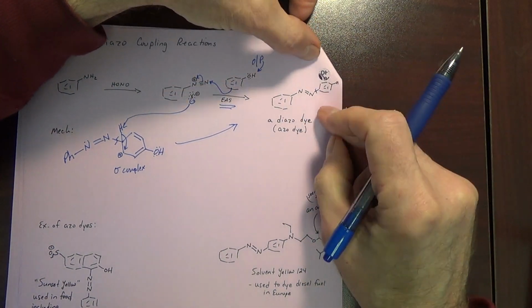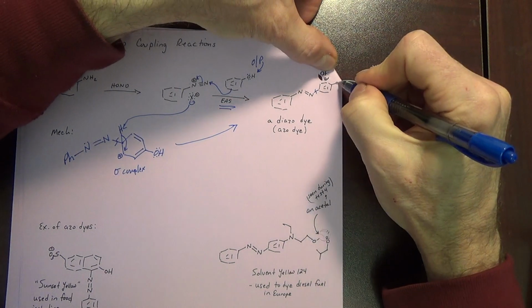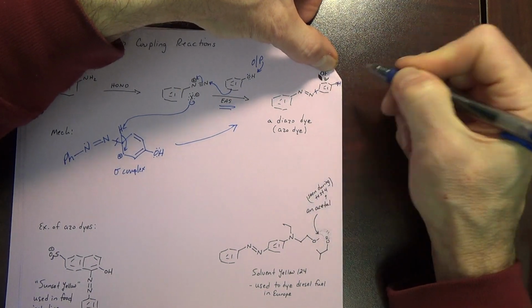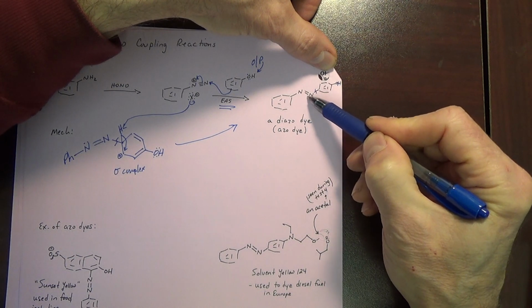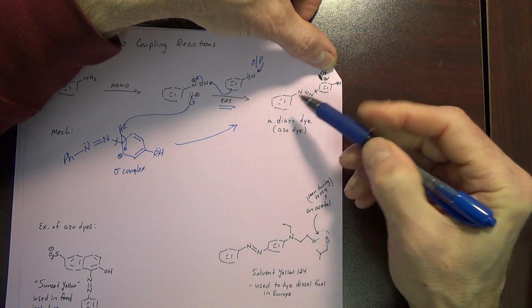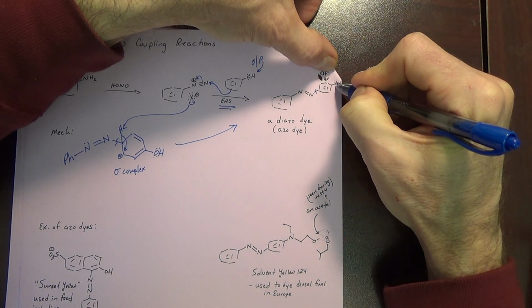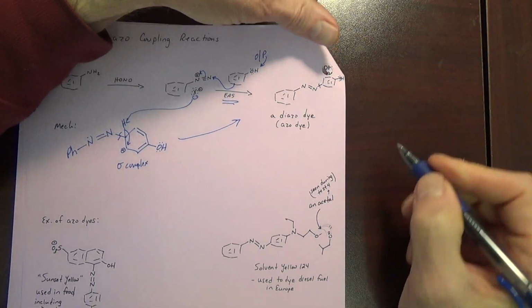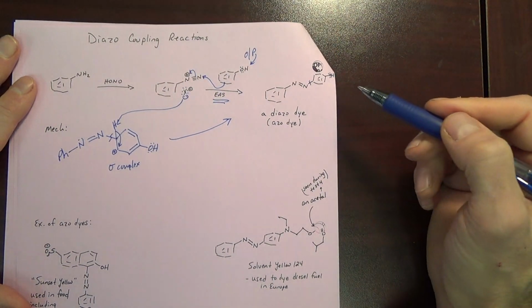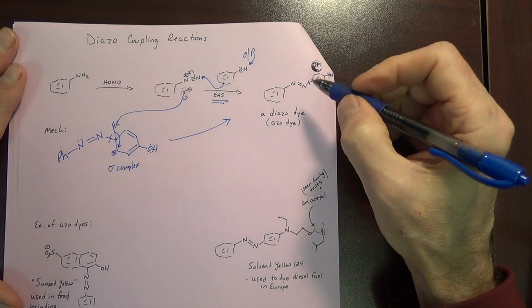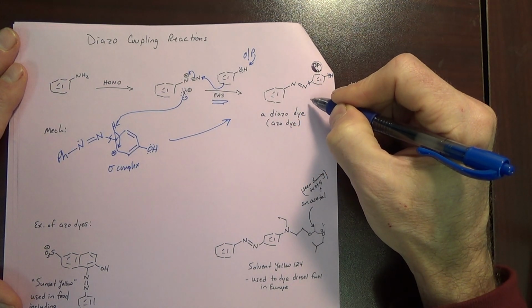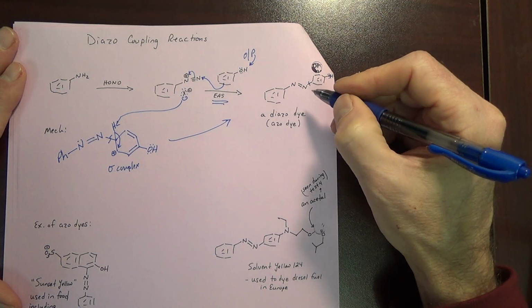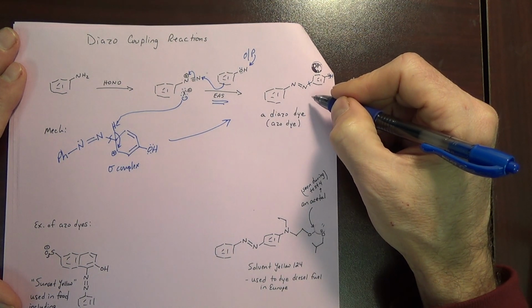But these type products tend to be dyes because they're very conjugated. This ring is conjugated through the double bond here with the other ring. We also have a lone pair that's conjugated. And as we saw with UV-vis, highly conjugated systems tend to absorb in the visible region, and thus they tend to be colored.